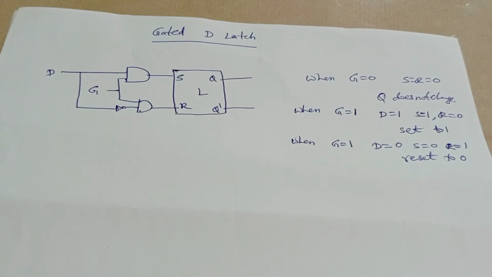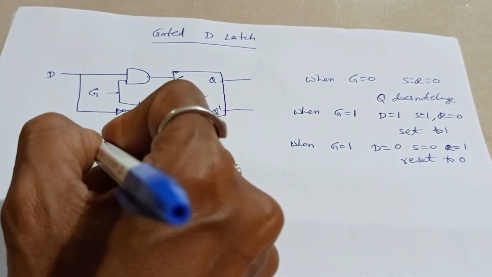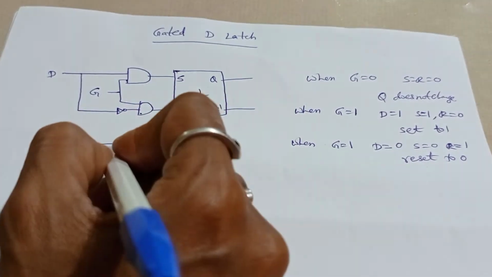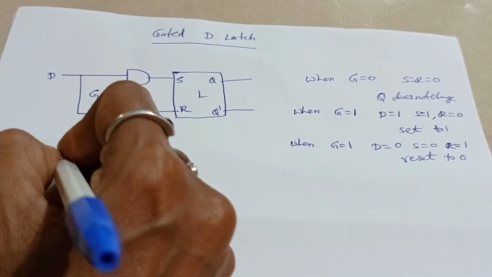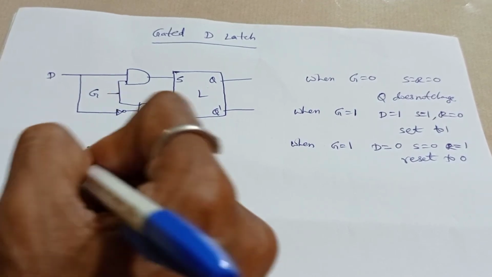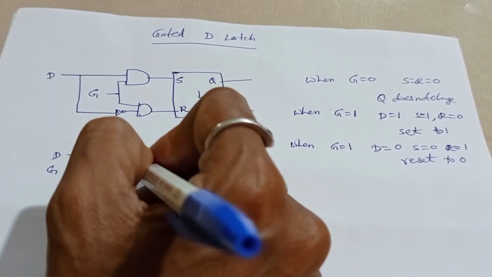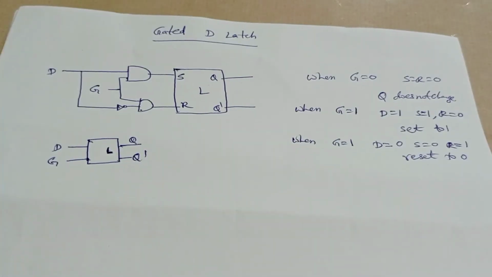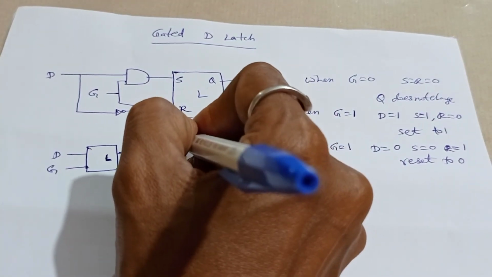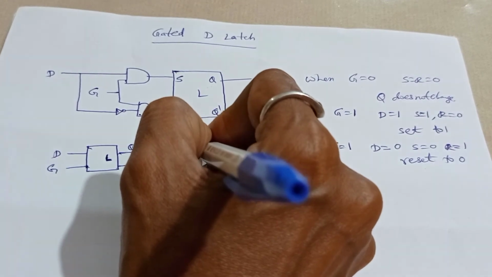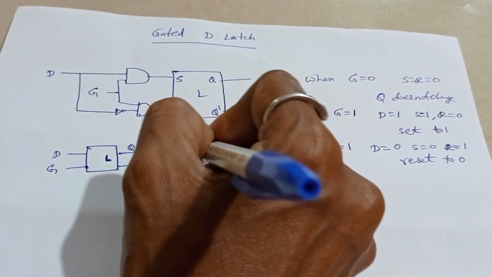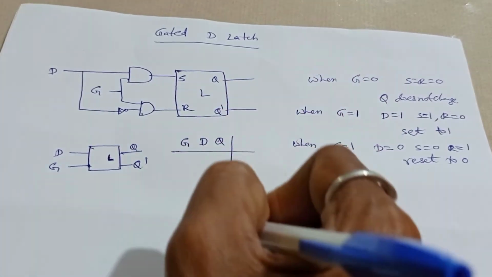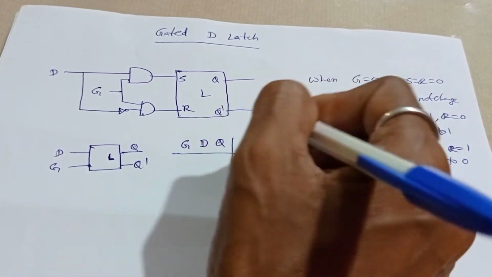Now we'll see the truth table for this latch. One input is D and other input is G, with outputs Q, Q bar. Take the inputs G, D, Q is the output and Q plus is the next state.